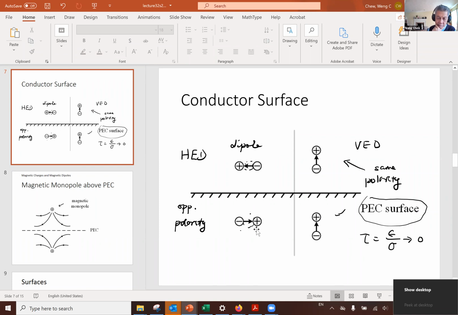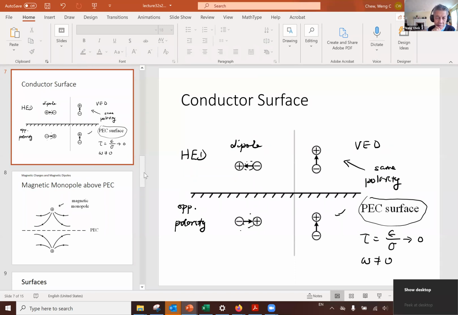Its response time is 0, and it will follow the switching sign of the dipole upstairs. And similarly, this would also be switching in its sign, and the one that is below, if this is a perfect electric conductor, would be able to follow the thing on top. So this image theory, when omega is not equal to 0, still holds true if we have a perfect electric conducting surface here.